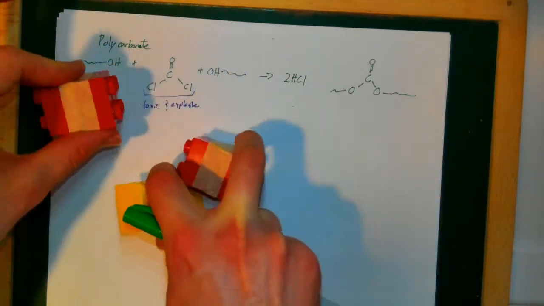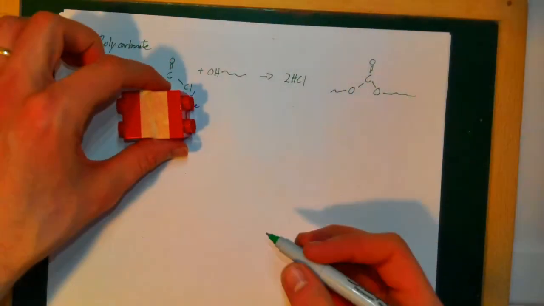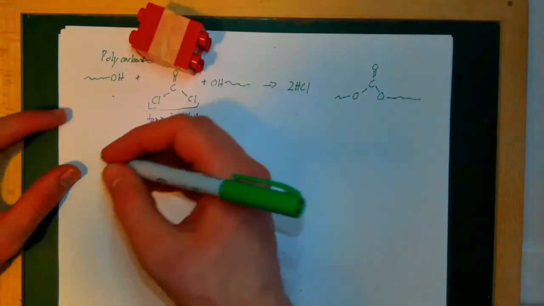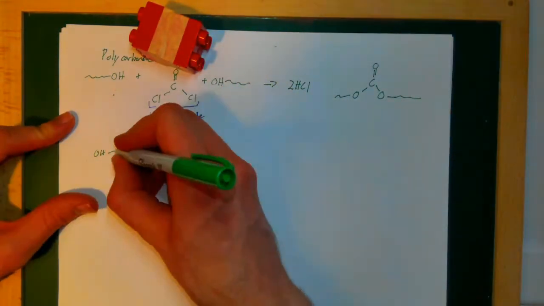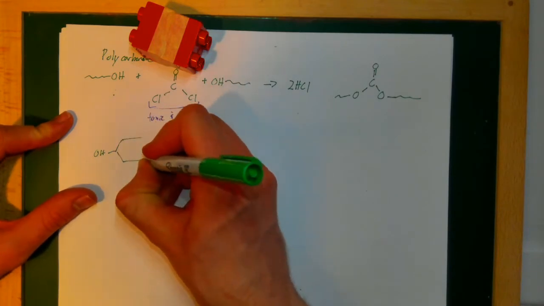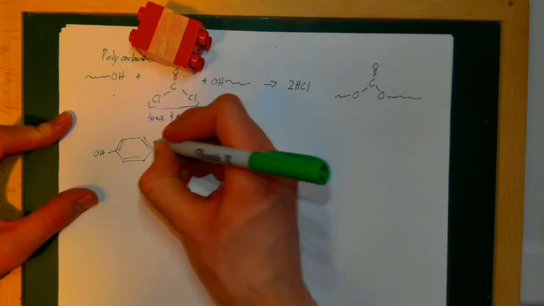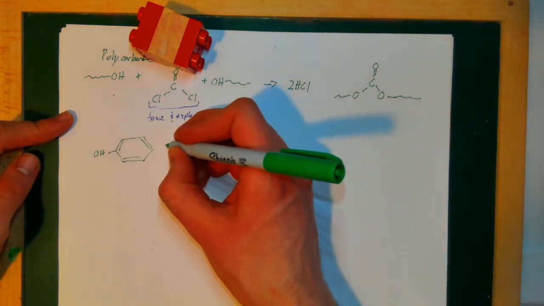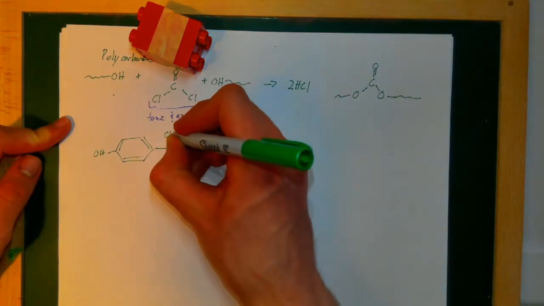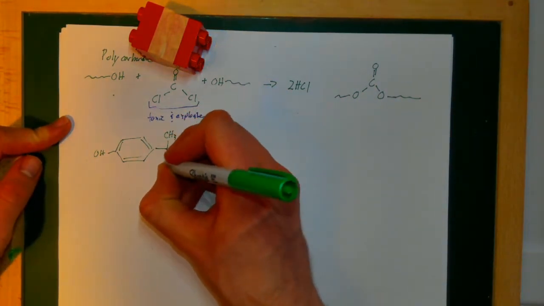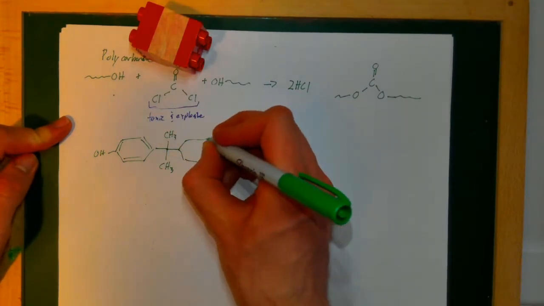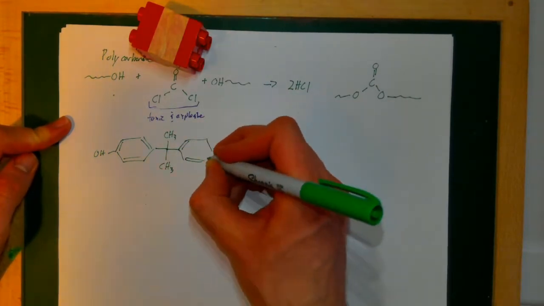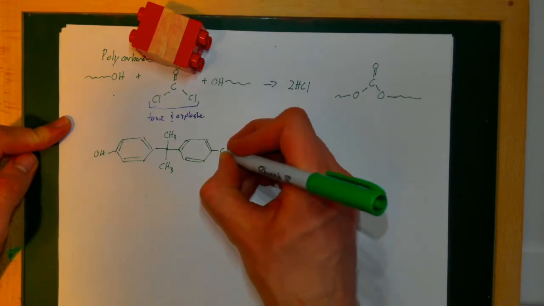One example of this type of thing that has 2 OH groups on it is this molecule right here. So it's an OH with a benzene ring. And then this connects to a central carbon that then has 2 methyl groups off the side, and then another benzene ring with an OH group.